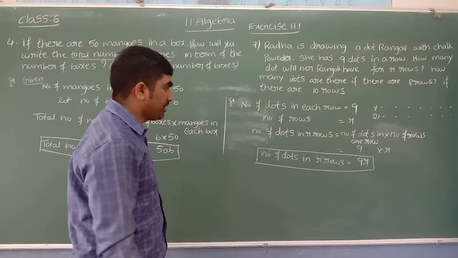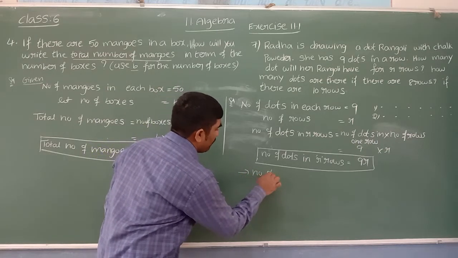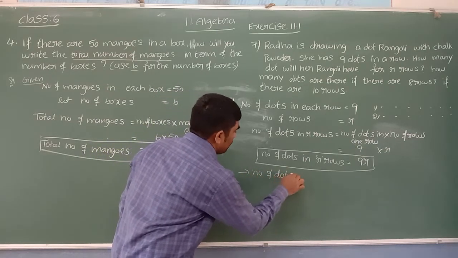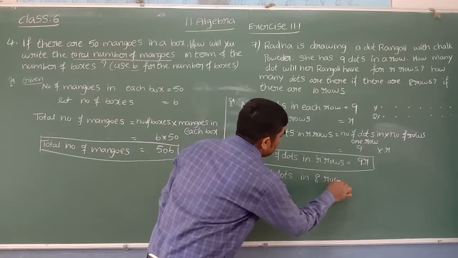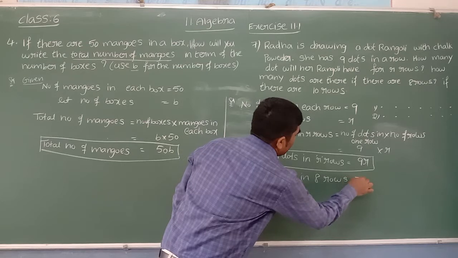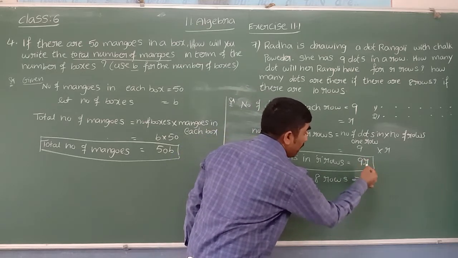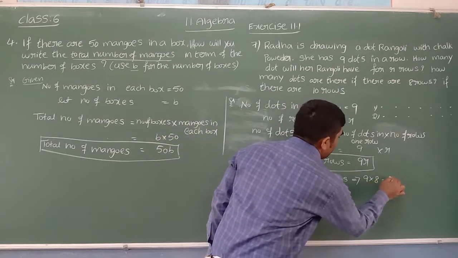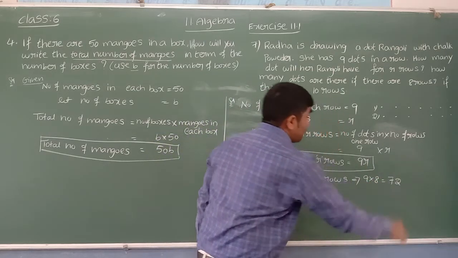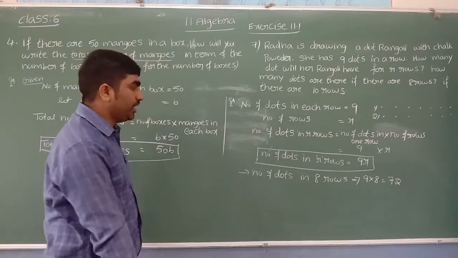There are 72 dots. Yes, we can find now here number of dots. Number of dots in 8 rows is equal to. How can I find that? Same this rule, we can take 9 into R, nothing but number of rows. How many rows are there? 8, so 9 into 8, 72. There are 72 dots if you take 8 rows, each row 9 dots.